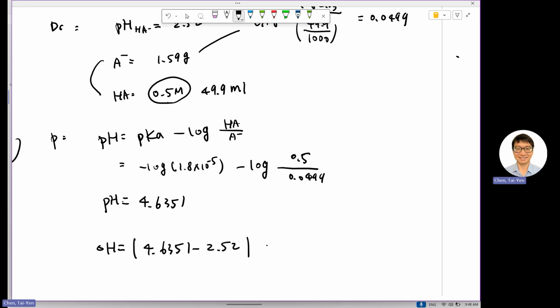The absolute value equals 2.12, and that will be the answer. The bigger thing for this question is whether you can see what kind of solution you have for the second one. If you can, then calculate the pH. I think everybody can do it. I'm really late today, but that's it for today. Thank you.